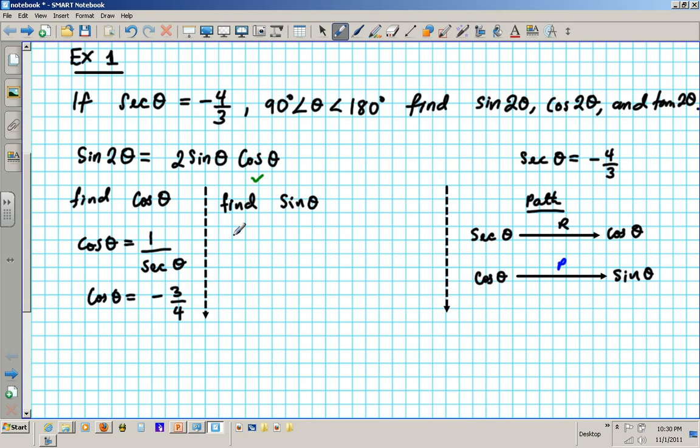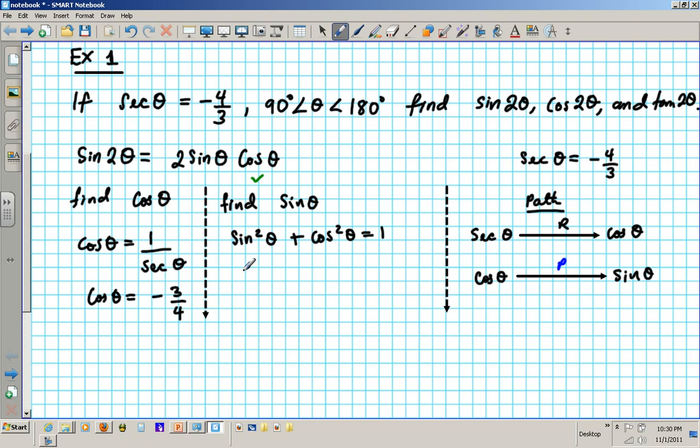To do that, we're going to write down the formula that relates sine and cosine, which is the Pythagorean relationship. If you look at your formula sheet, you will see that sine squared theta plus cosine squared theta equals 1. This is a longer formula. You can use the other one if you're inclined to do so. But let's use this one.